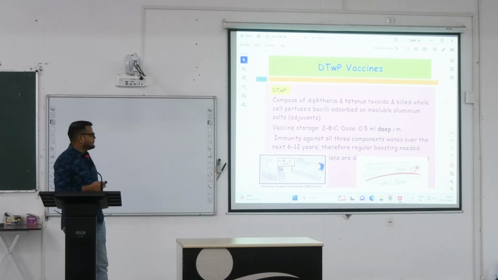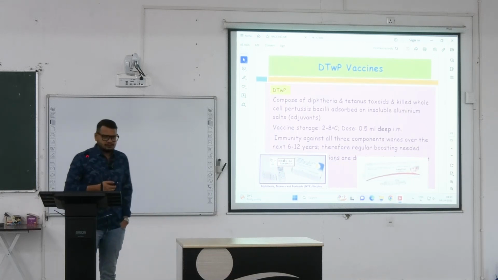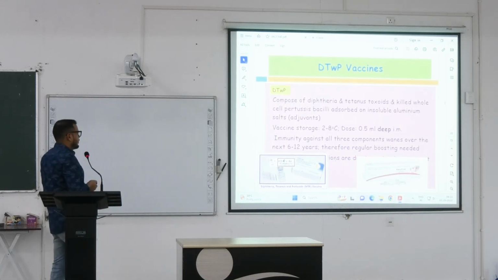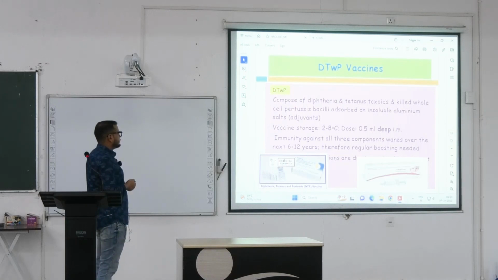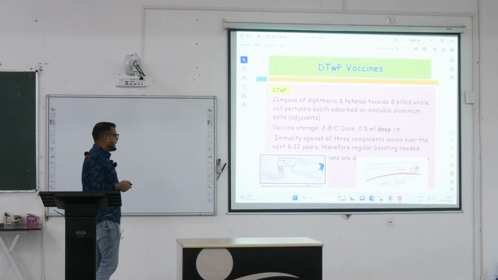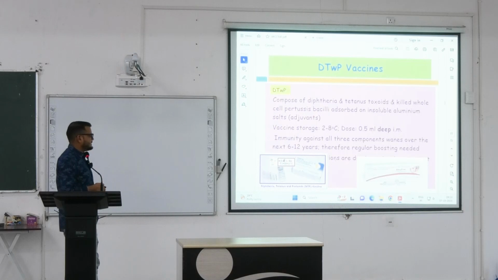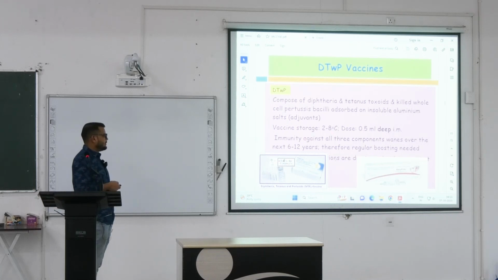So next is diphtheria and tetanus toxoid. Composed of diphtheria and tetanus toxoid, DTP, and killed whole pertussis bacilli absorbed on insoluble aluminum salts. Vaccine storage again, you see all the vaccines 2 to 8 degrees centigrade, dose 0.5 ml, deep intramuscularly.